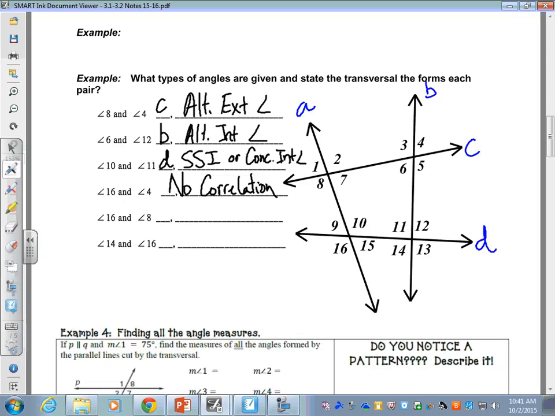All right, 16 and 8. A is the transversal, and they are corresponding. 14 and 16. D is the transversal, and they are also corresponding. They're on the same side of the transversal in the same position.